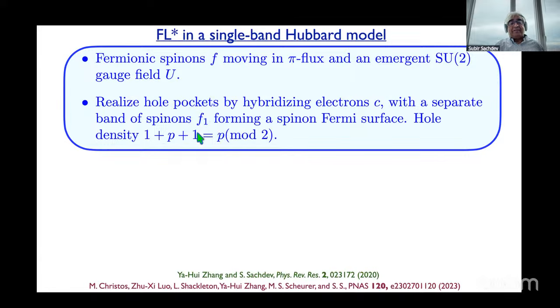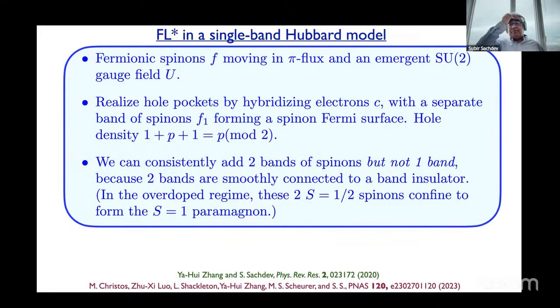And that gives you exactly the right size of the hole pockets. So you might think this is too much. You have these spinons F, and then you have another set of spinons F1 to form the hole pocket. But that's actually a key point.